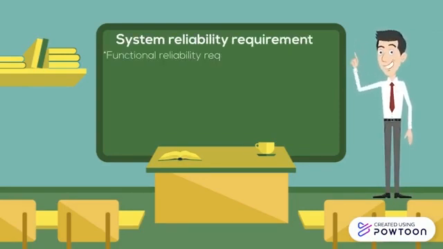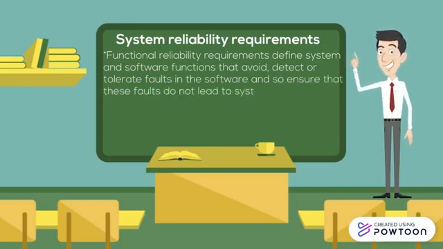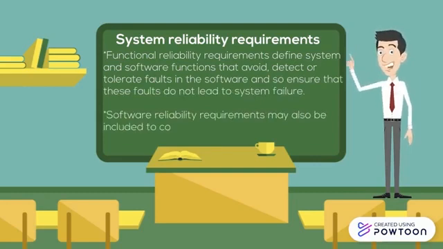System reliability requirements. Functional reliability requirements define system and software functions that avoid, detect, or tolerate faults in the software and so ensure that these faults do not lead to system failure. Software reliability requirements may also be included to cope with hardware failure or operator error.